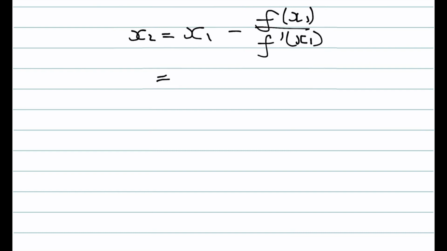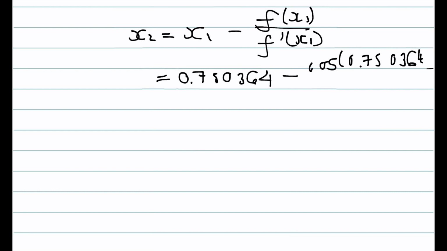Well, we've calculated x1 to be 0.750364, minus cos of this number, 0.750364, minus 0.750364, over minus sin of 0.750364 minus 1.